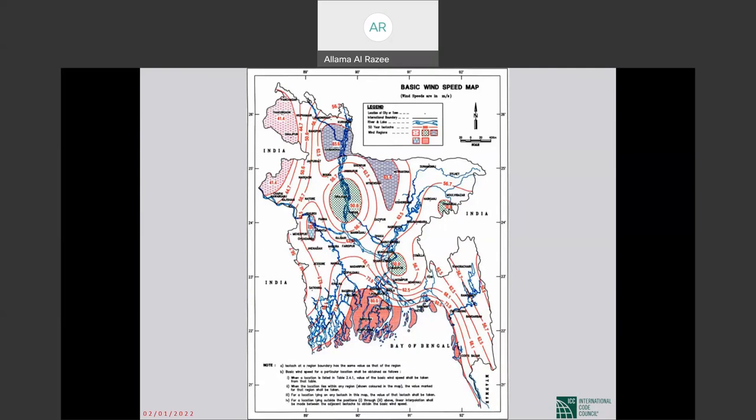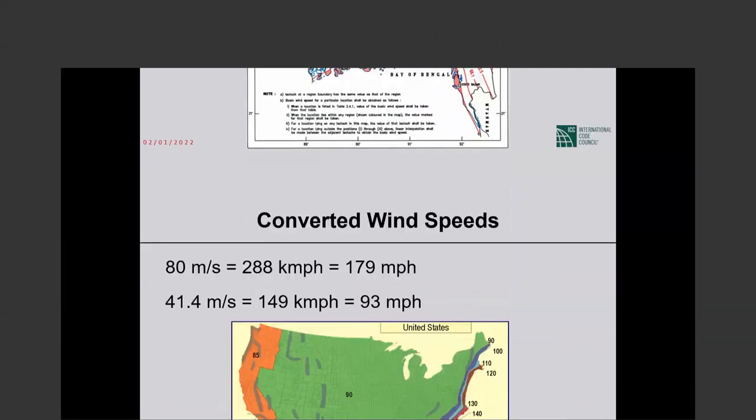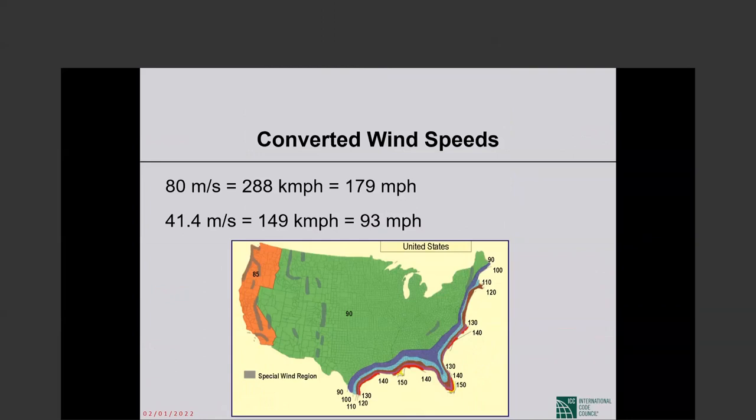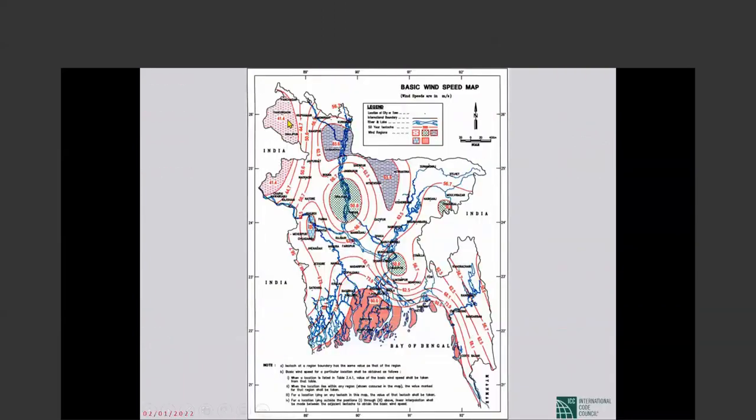Anyhow, the wind speeds are given on this map, and the cyclone-prone areas are basically the areas in dark color on the map. The coloring is not to indicate cyclone-prone regions, but it gives you a pretty good idea of them. On this map, the lowest wind speed is 41.4 meters per second, and the highest is 80 meters per second.